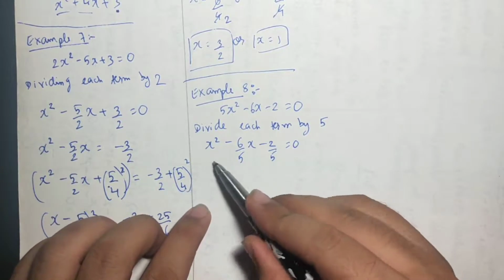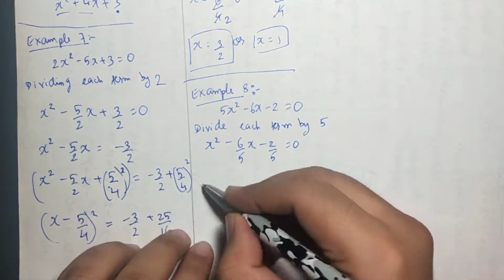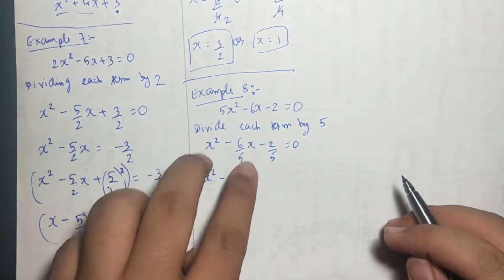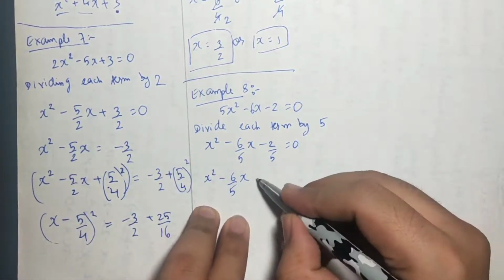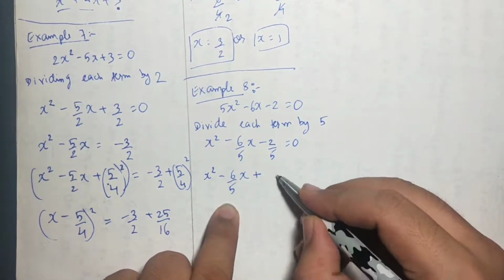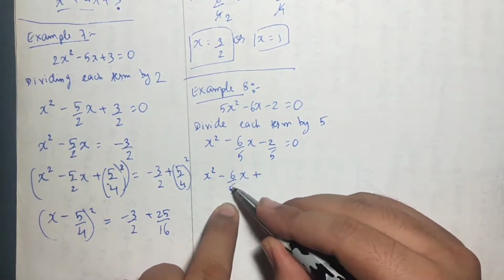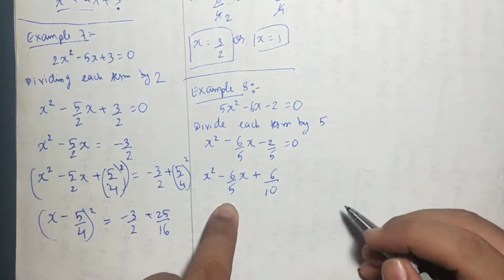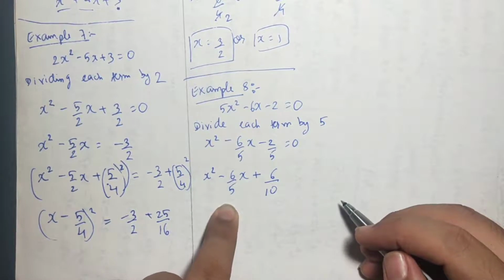Now writing these two terms as it is, x square minus 6 by 5x, the first two terms should be written as it is, plus what is the coefficient of x? That is 6 by 5. Multiply the denominator of this coefficient by 2. It will become 6 plus 6 upon 10.